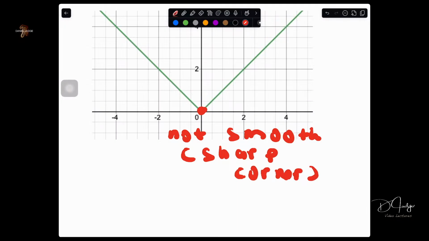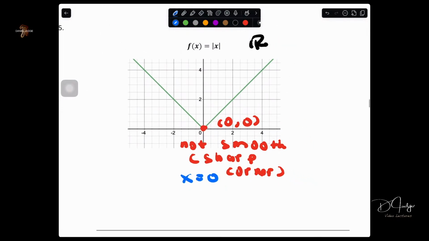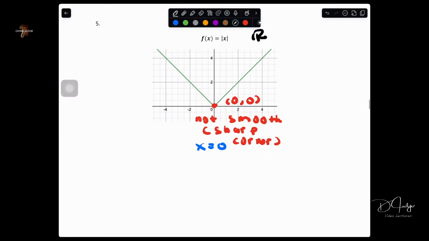And that happens at the location 0, 0. It happens when x has the value 0. So this is a picture of a function that's really smooth everywhere but 0. And that means it's not differentiable.